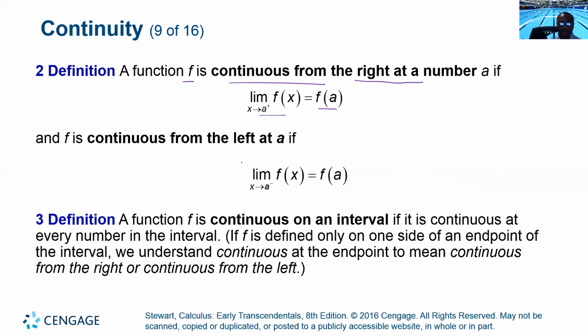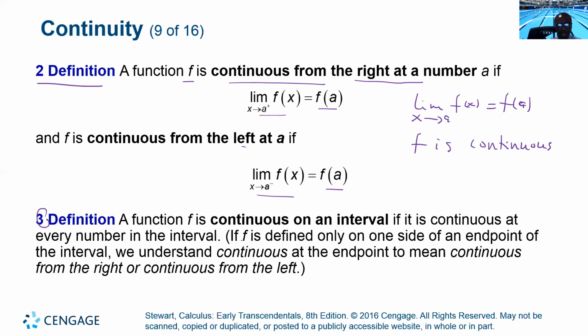Similarly, f is continuous from the left if the left hand limit equals the function value at a. Now remember, generally if the limit as x approaches a of the function equals f of a, then we say that f is continuous. So that is good to know. That's the second definition.